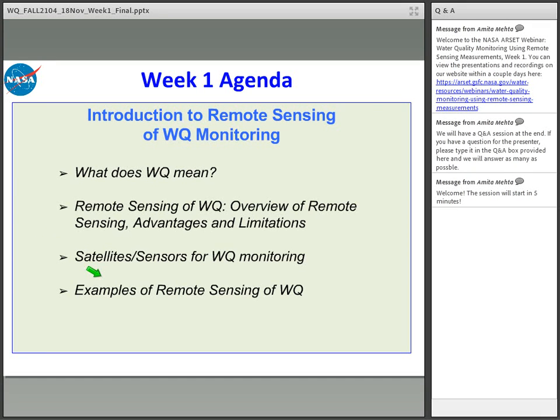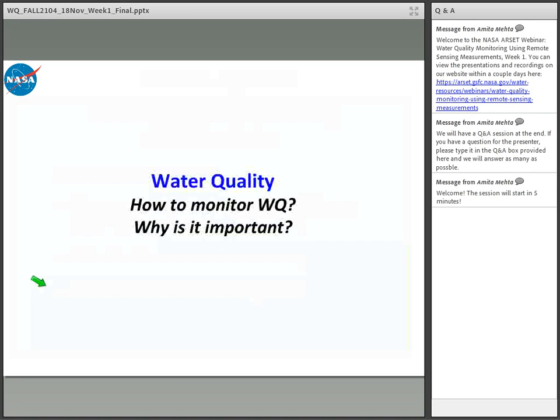Then we will look at a number of satellites and sensors available now and in the recent past that are used for monitoring water quality, and then a few examples of how these data are used in water quality monitoring.